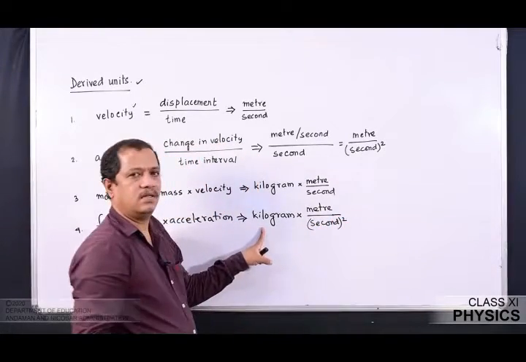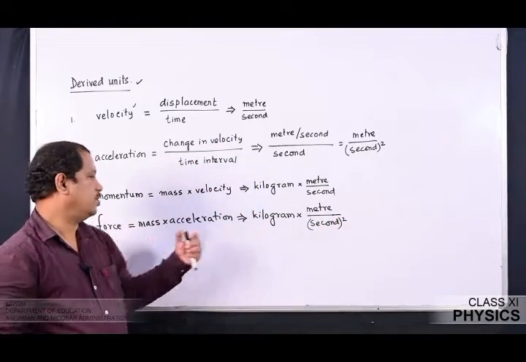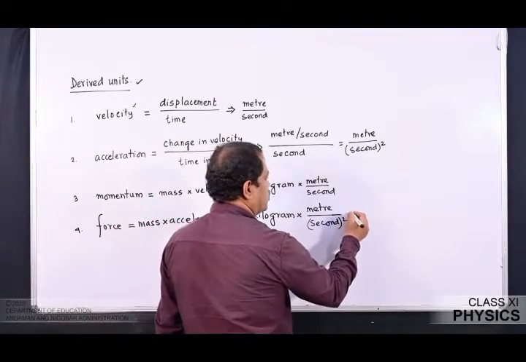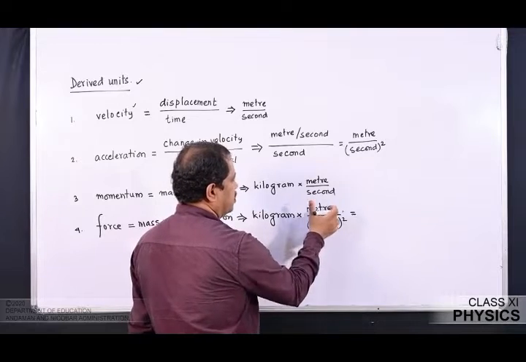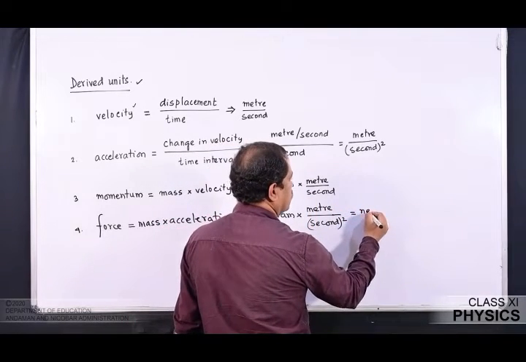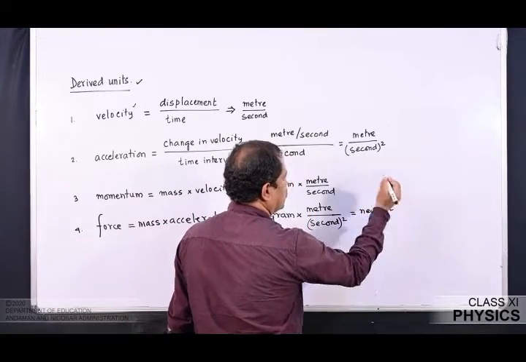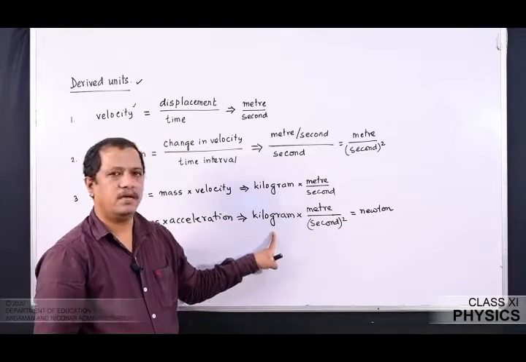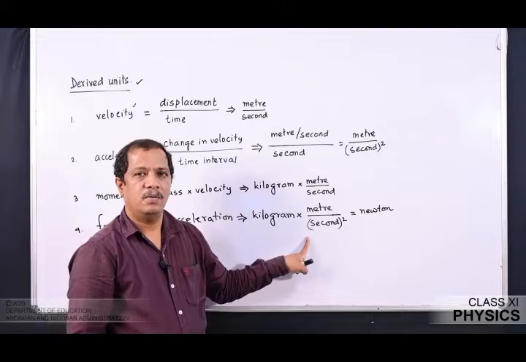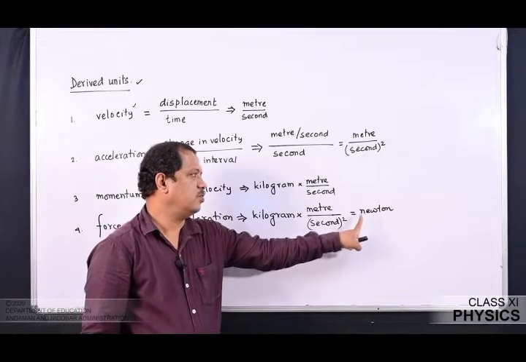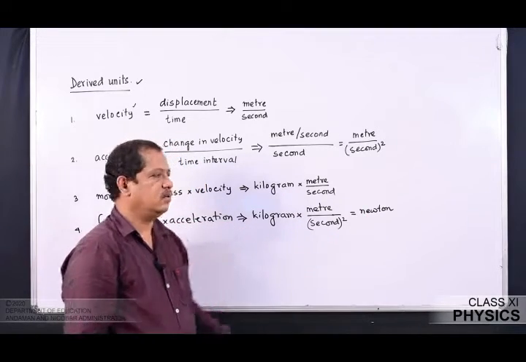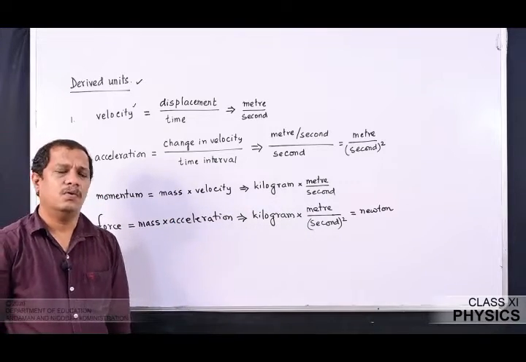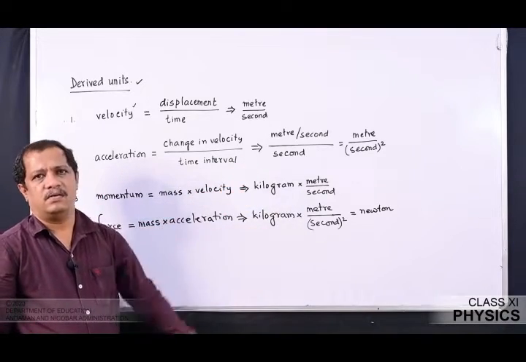Now, you would claim, sir, in lower classes the unit of force we studied as Newton. When you say Newton, you actually mean kilogram meter per second square. So either we can write it this way or this way. Preferably we will use Newton as the unit of force.